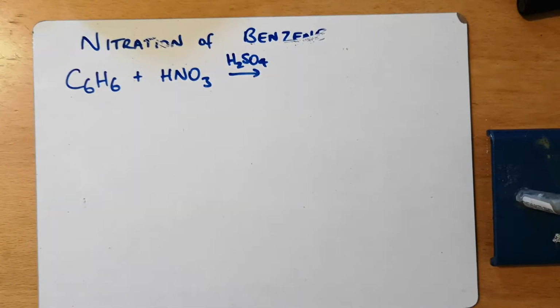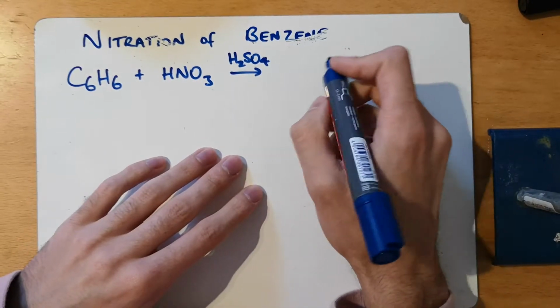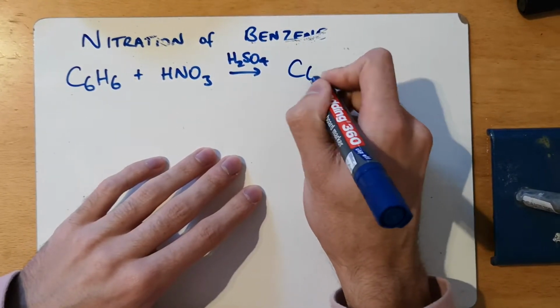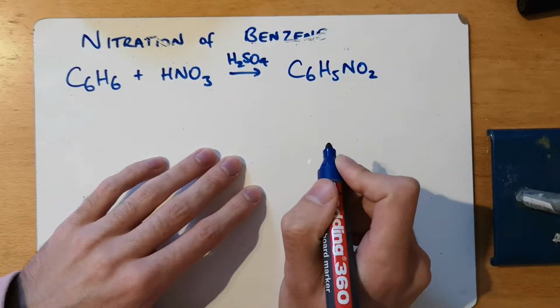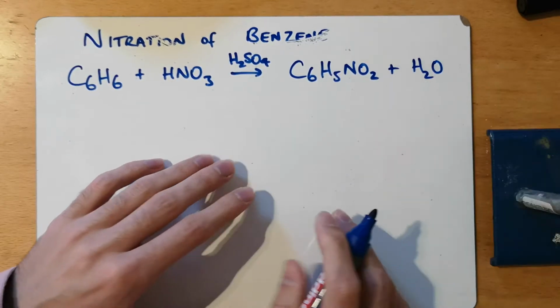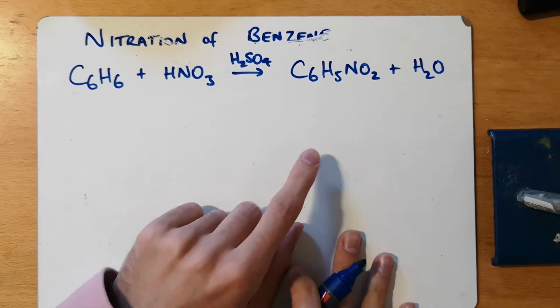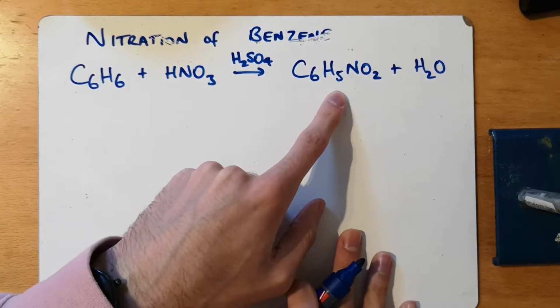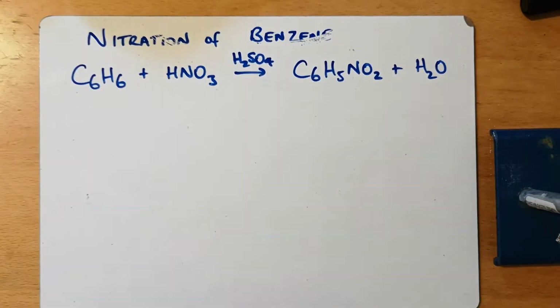Some of you will be screaming out what that catalyst is, and that is sulfuric acid, and that's going to form C6H5NO2 plus some water. Now in this one, an H plus has been given off, and we'll show where that H plus goes in the end. It kind of rejoins with other things as we go on.